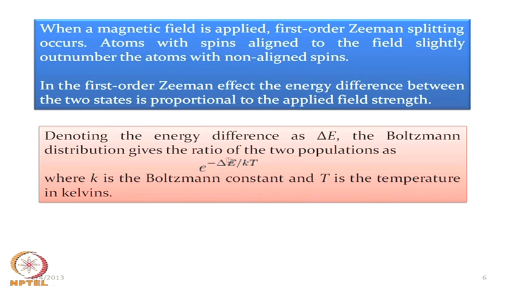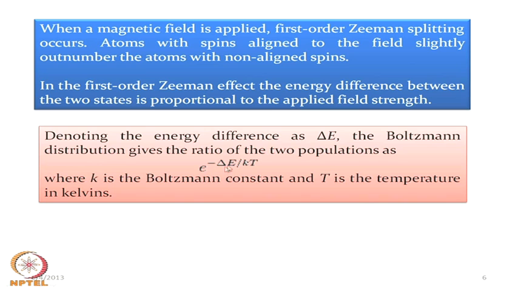So, with respect to the kT value, we will have the corresponding magnitude of these delta E values, and the magnitude of these delta E values are much less compared to these kT values, because the kT value at room temperature would be close to 100 centimeter inverse, but these delta E values are very small. It can only be 1, 2, 3, 5 to 10 centimeter inverse.